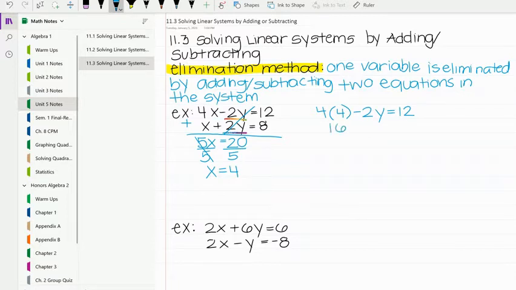So 4 times 4 is 16 minus 2y equals 12. Then I'm going to subtract 16 from both sides. So the 16s cancel, and I get negative 2y equals 12 minus 16, which is negative 4. Then I can divide by negative 2, and negative 4 divided by negative 2 is positive 2. When we write our final answer, we want to write it as an ordered pair because it's a point. If we were to graph both of these lines, they would intersect at the point (4, 2).